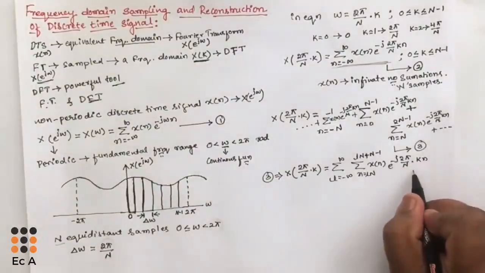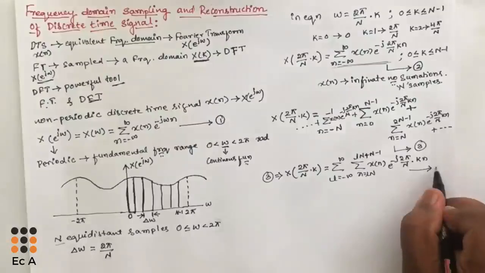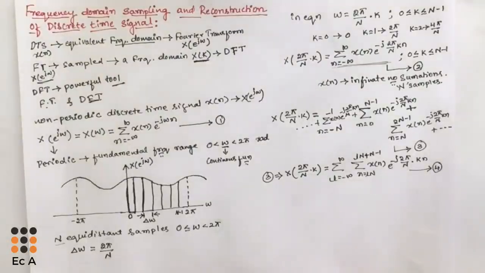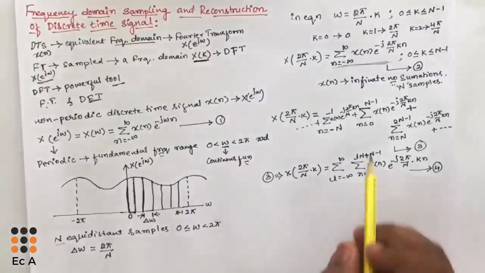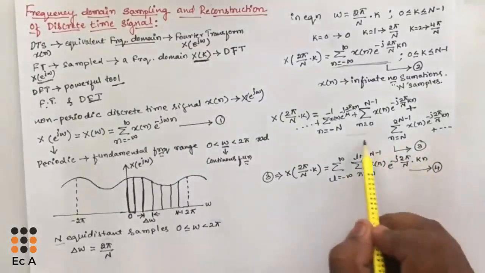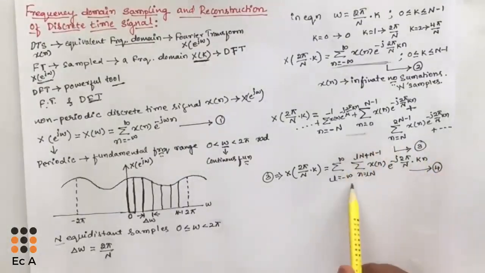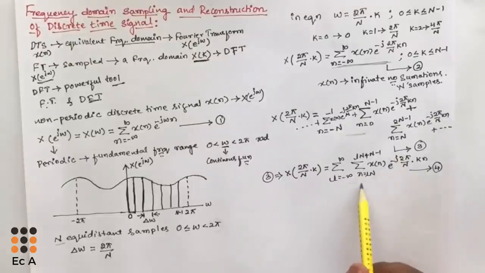Let us call this equation number 4. Equation 4 is the compact version of equation number 3. We have reduced equation number 3 and written its compact version as equation number 4.